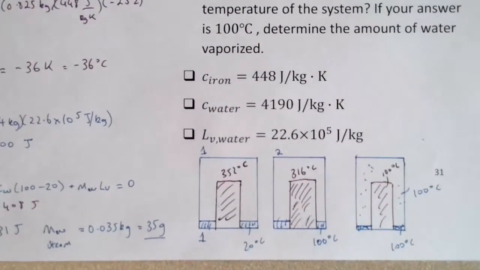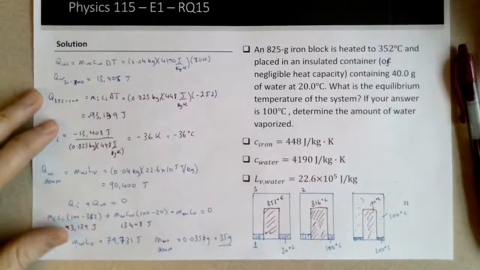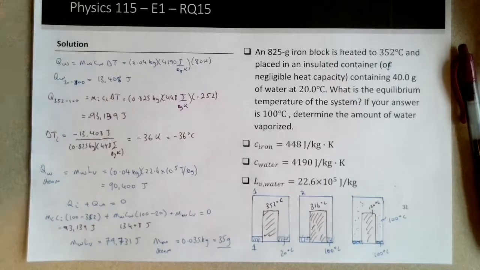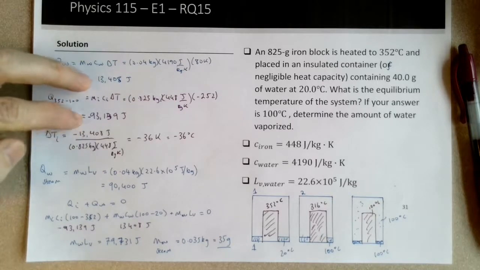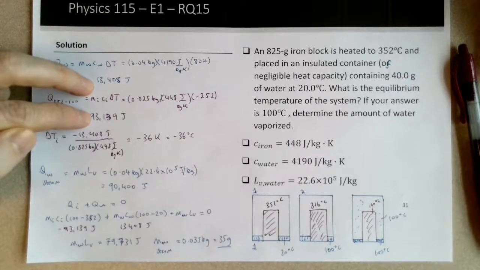So, final, that's the whole question. So again, you figure how much energy it takes the block to cool down to 100, how much energy it takes the water to heat up to 100. See that there's a huge difference between these two numbers. So we know that we're definitely going to create some steam.